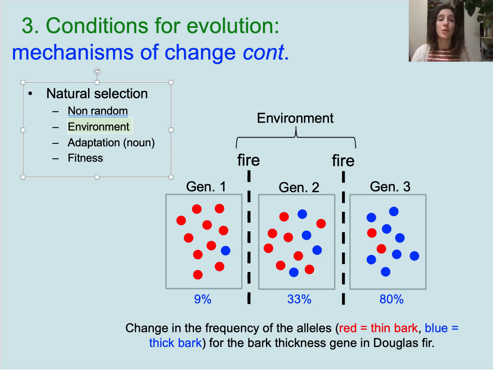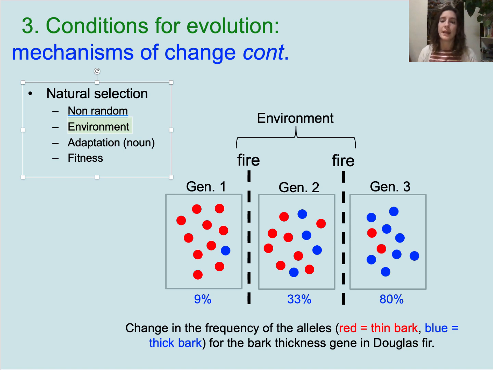Characters that are the result of natural selection that help an organism survive are called adaptations. And fitness is really the reproductive success of individuals of a particular genotype or phenotype that results in more individuals in the next generation. Fitness is the result of natural selection, right?